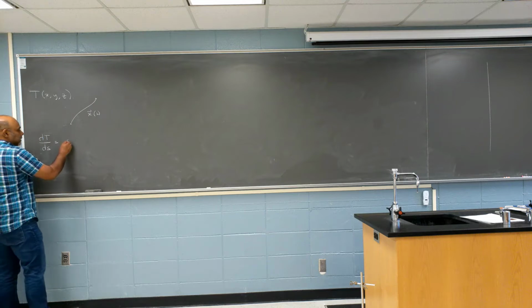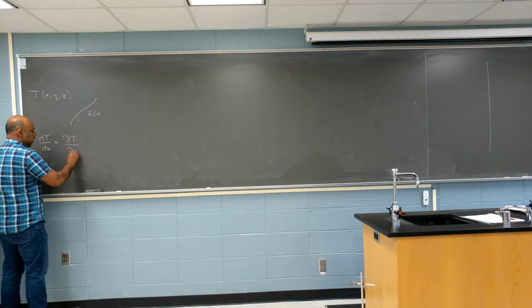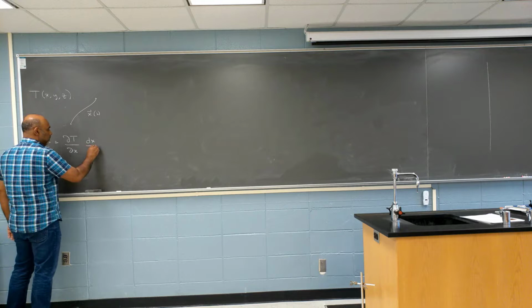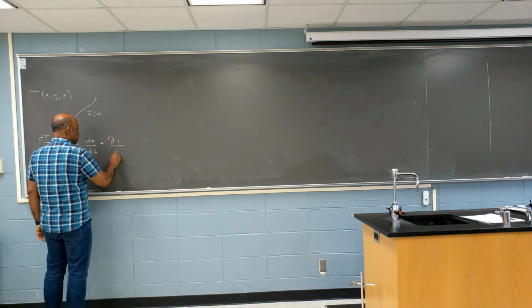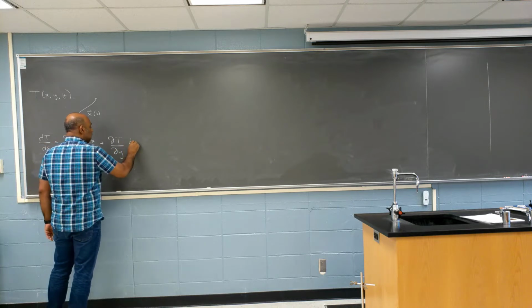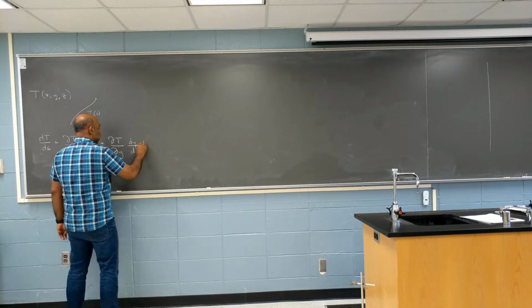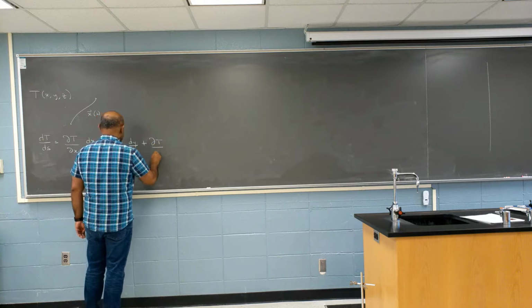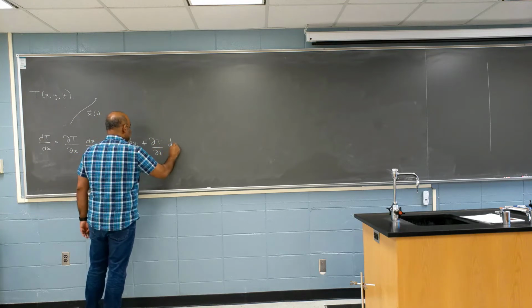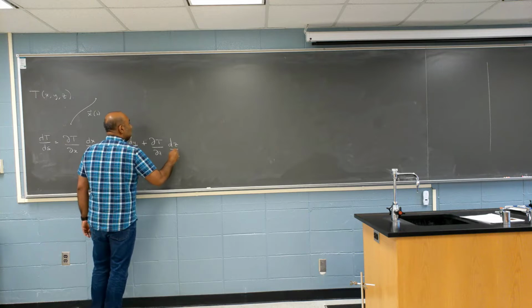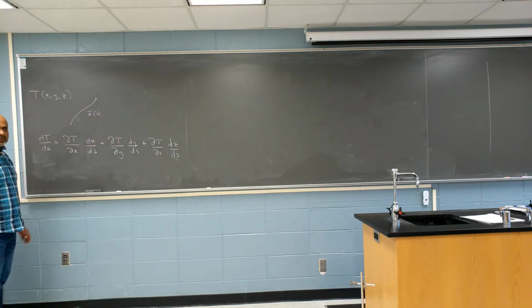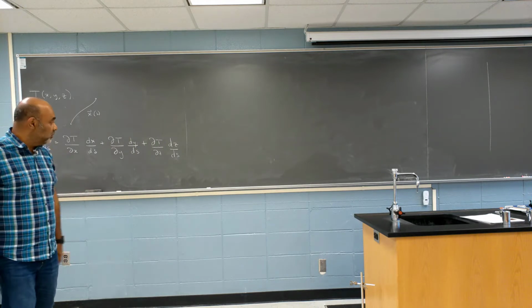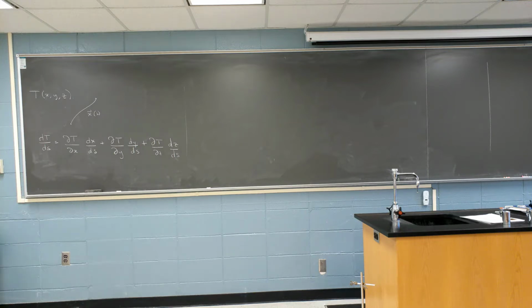And we surmised that this is written as dT/dx dx/ds plus dT/dy dy/ds plus dT/dz dz/ds. And I gave you an example of a curve. I'm going to revisit that example, and we'll also look at how T changes and try to understand its properties.